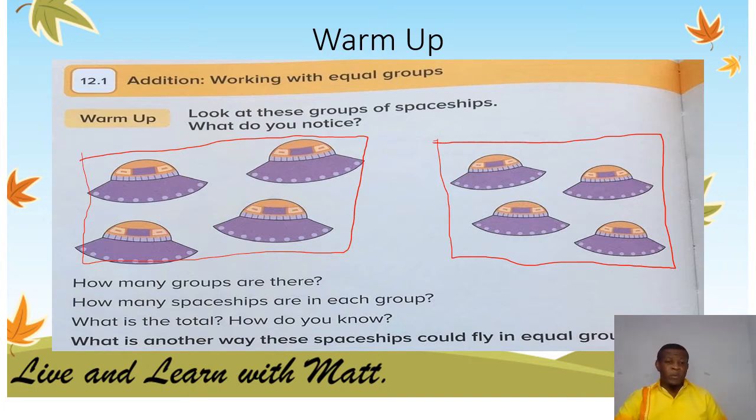Now, how many groups are there? We have two groups. And how many spaceships are in each group? We have 4 spaceships in each group. What is the total and how do you know? So, two groups of 4 will be 4 plus 4.